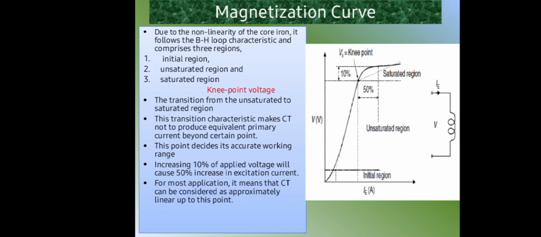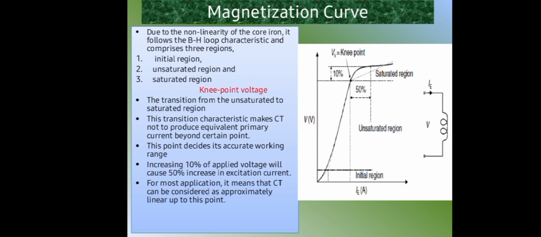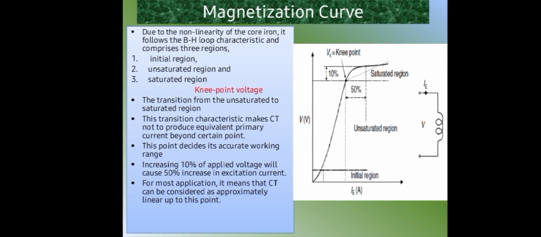Under this topic, there are three sections of the magnetization curve: one, the initial region; the second, the unsaturated region; and the third, the saturated region. The initial region is from the origin up to this point, and the unsaturated region is from this point to the knee point.